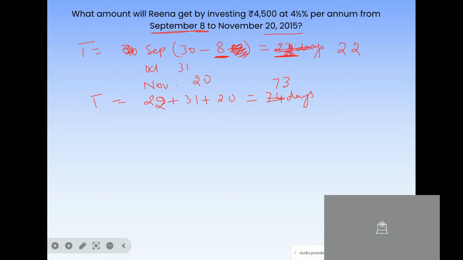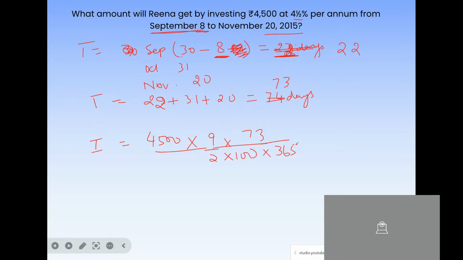Now we'll just solve it normally. So the interest is equal to the principal amount, then the rate is 4.5, that is 9 by 2. And this is a percentage also, so we have got 100 in the denominator. And the number of days is 73, so it is 73 over 365.